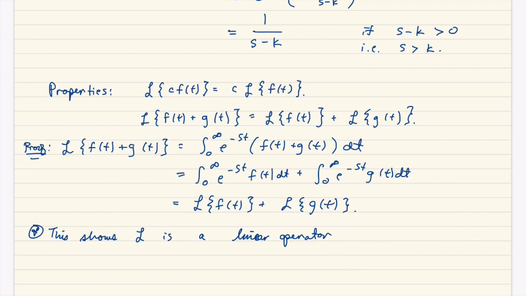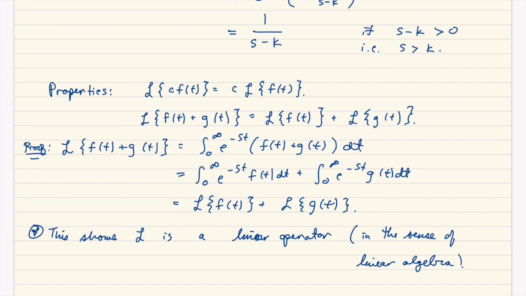It turns out the Laplace transform is a linear operator, and this is linear in the sense of linear algebra. Linear operators are operators with certain properties, in fact these two properties. So the Laplace transform operator is linear.